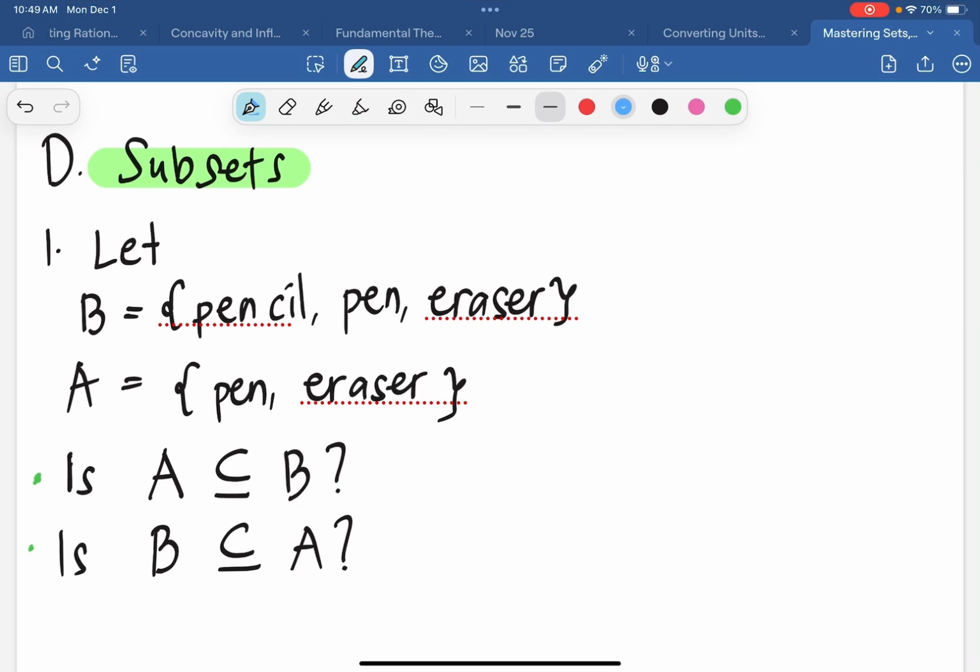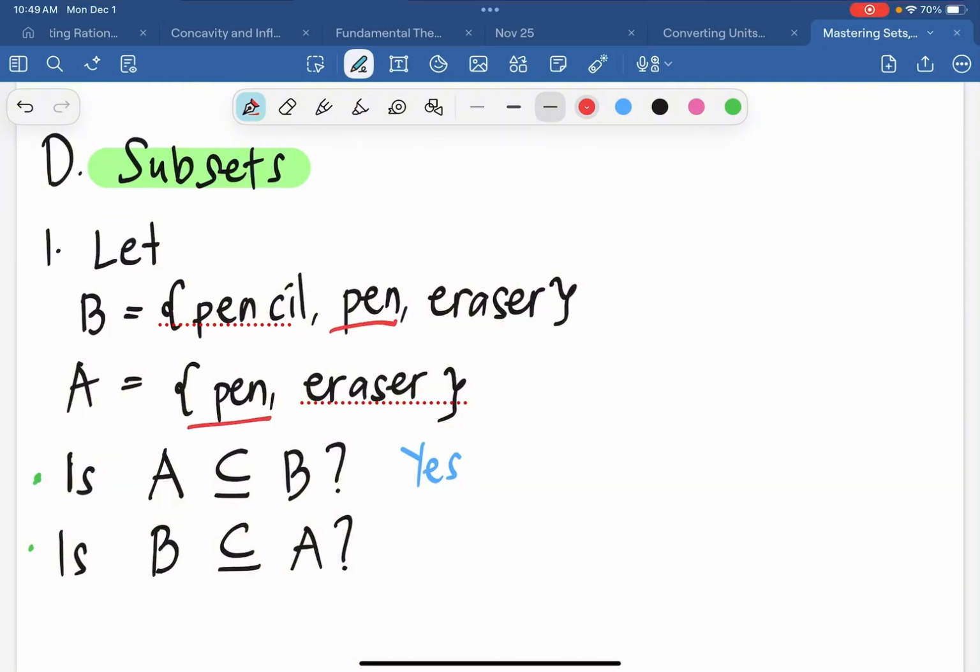The answer is yes, because obviously pen and eraser are both in set B as well. We have here pen and eraser.